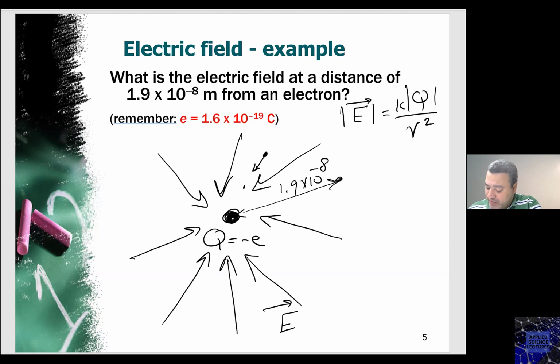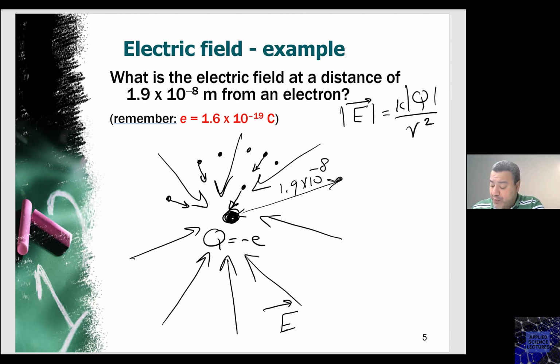The closer I come toward the charge, the stronger the electric field. Look at it this way. There is a field at every single point such that this field is pointing toward the charge. The closer I come, the stronger the magnitude will be.